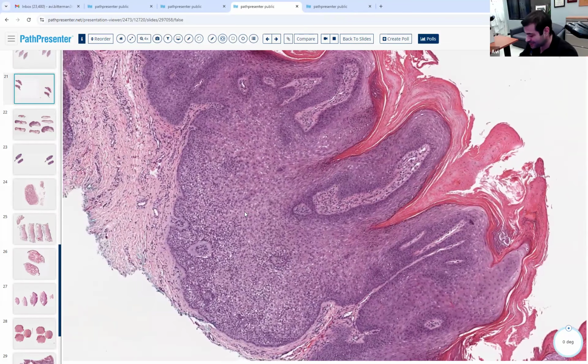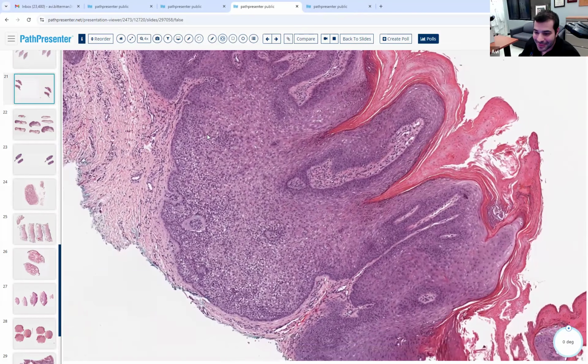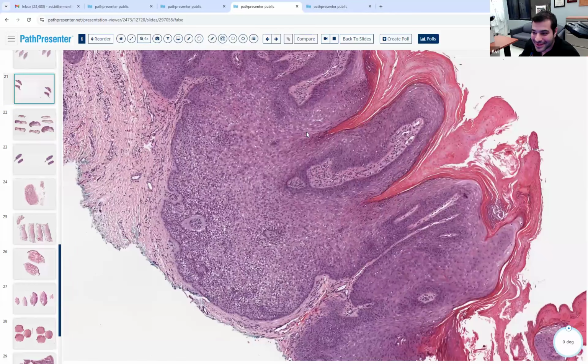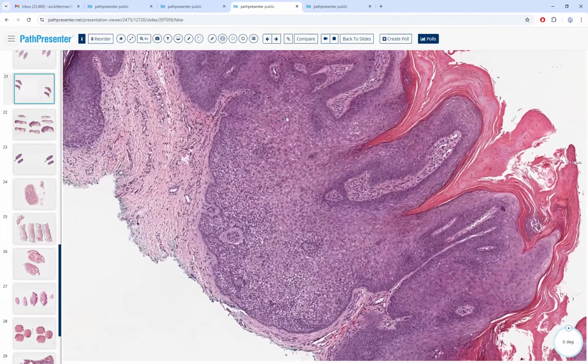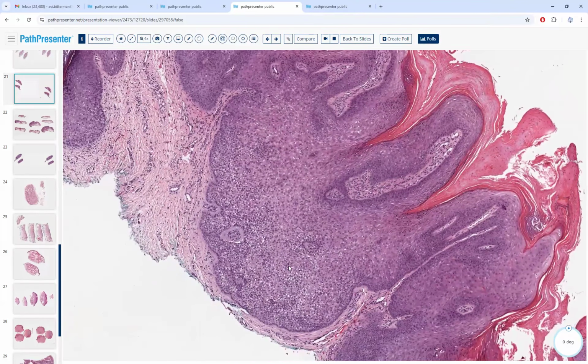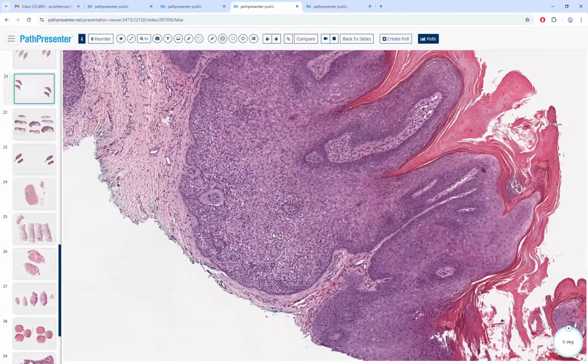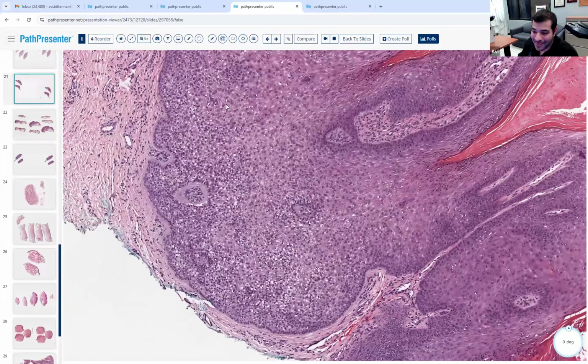So why is this a trichilemmoma? Well, what are the features that we're seeing? So some features you already mentioned, it's verrucous, right? I think the cells are kind of paler because of glycogen. Paler, and it's kind of getting paler as you go down.